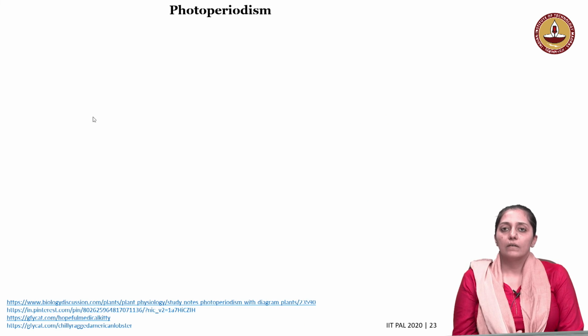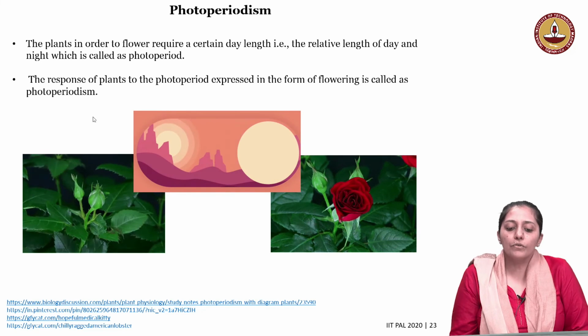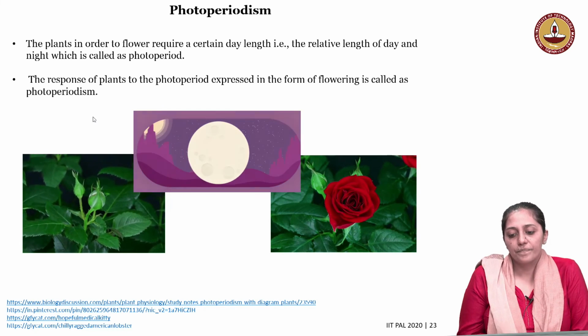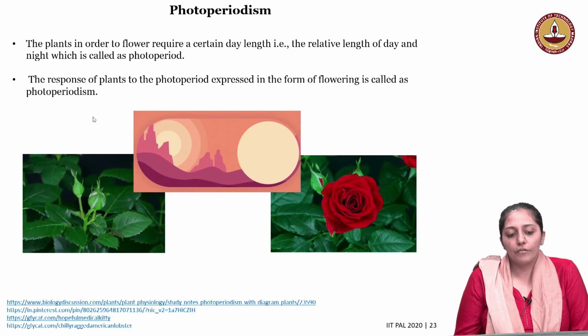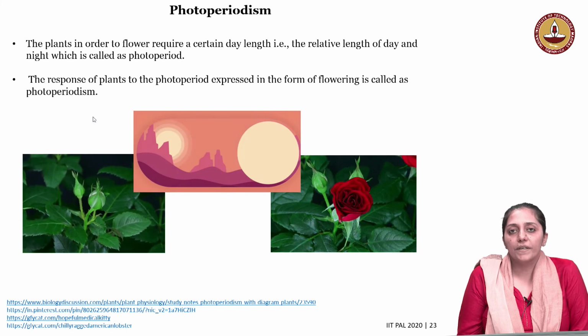Now, let us talk about a phenomenon called photoperiodism in plants. The plants, in order to flower, require a certain day length, that is the relative length of day and night, which is called the photoperiod.